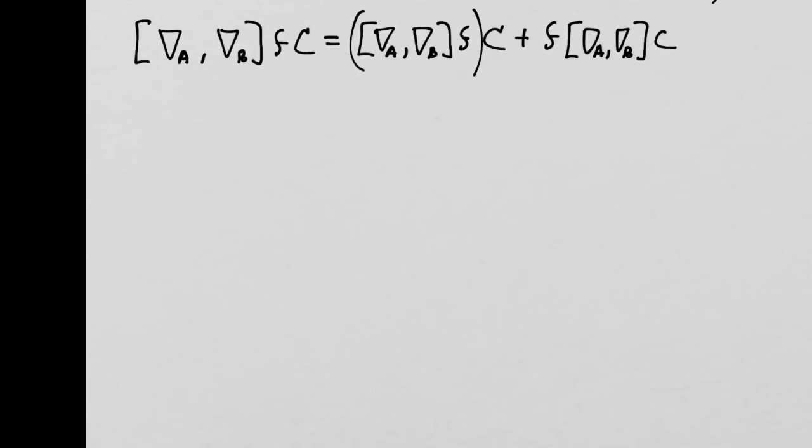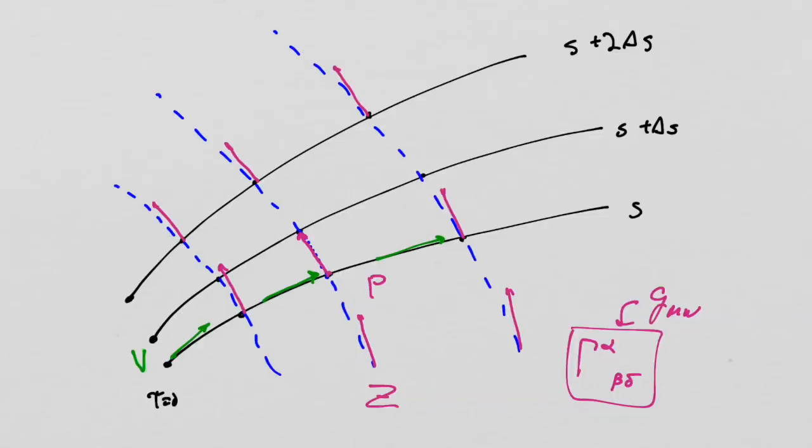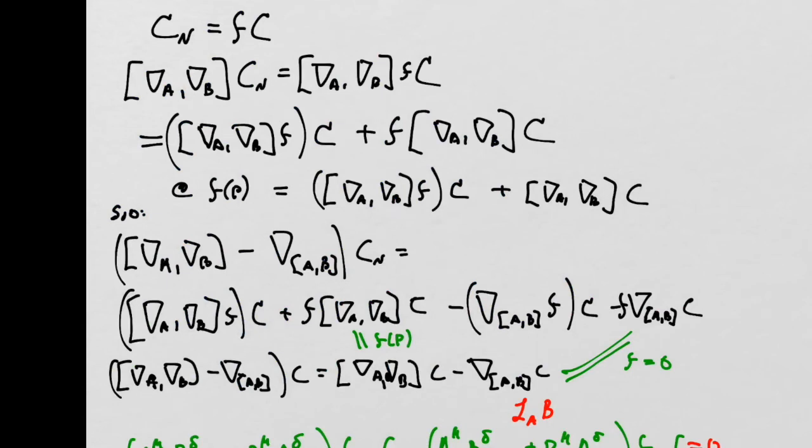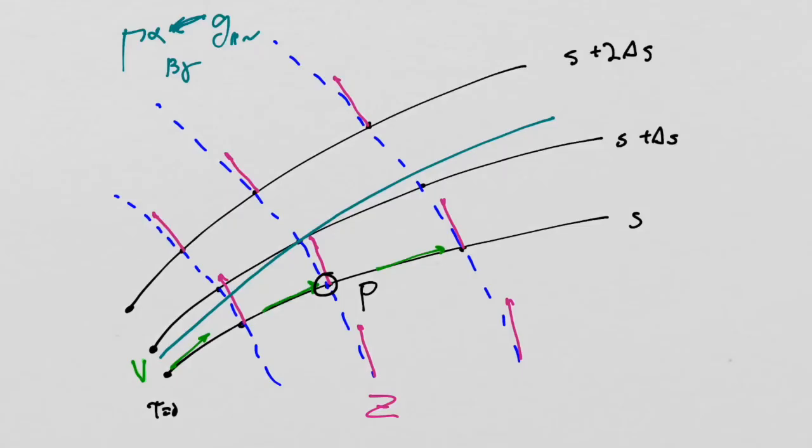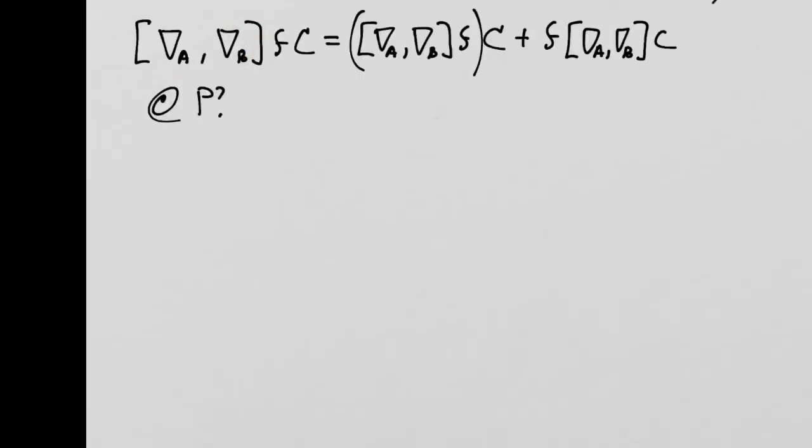Now if I look at this result and I say, okay, what is the value of this object at the point P? Well, at the point P, we would expect that, well, look, f equals 1, right? So we might think that should be equal to this differential operator times c.